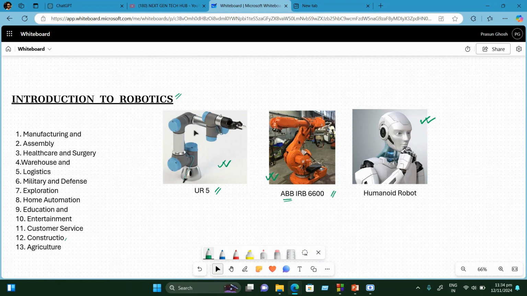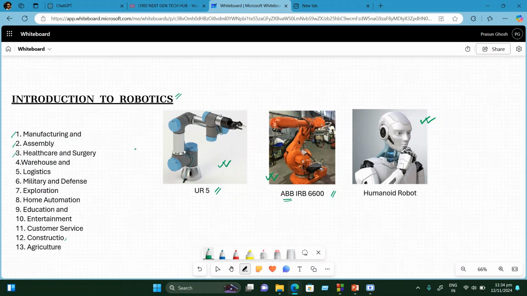Okay, so before going to the main topic, you should know why we need to study robotics. Let me tell you that these collaborative robots are widely used in each and every sector all over the world. These are used in manufacturing, assembly, healthcare and surgery.